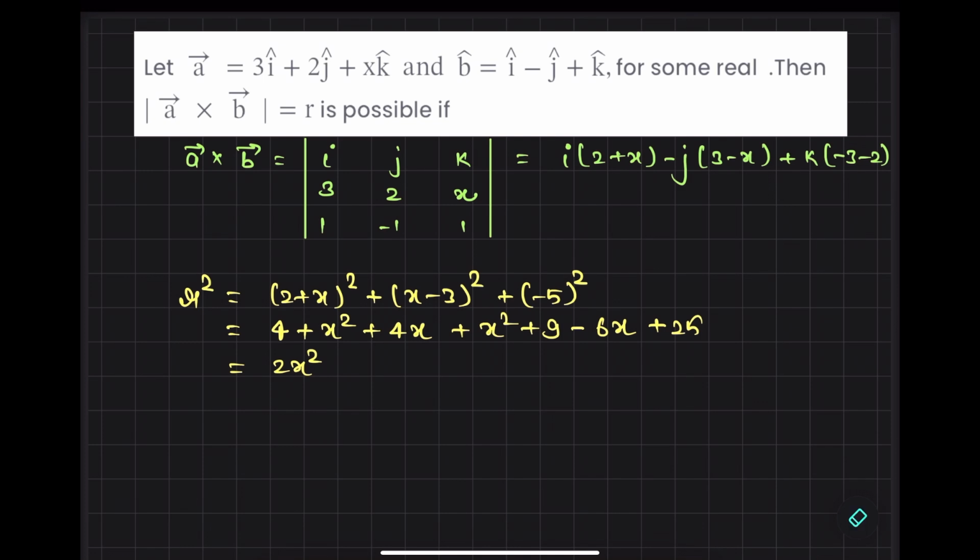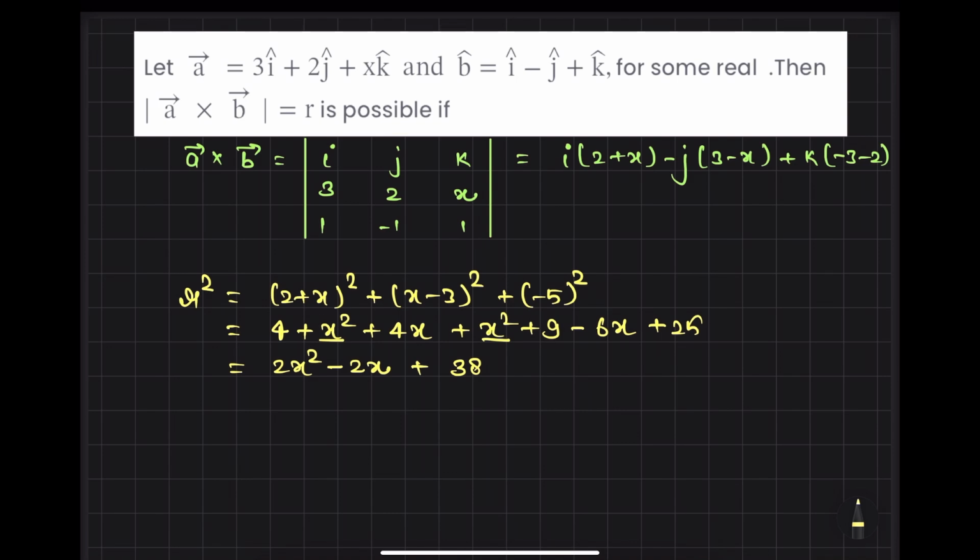Then minus of 2x. Then we have 13. So it will become 38.